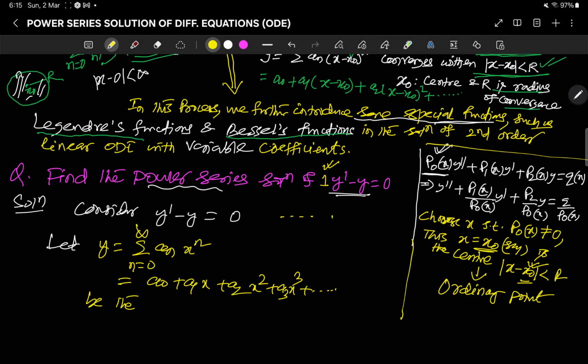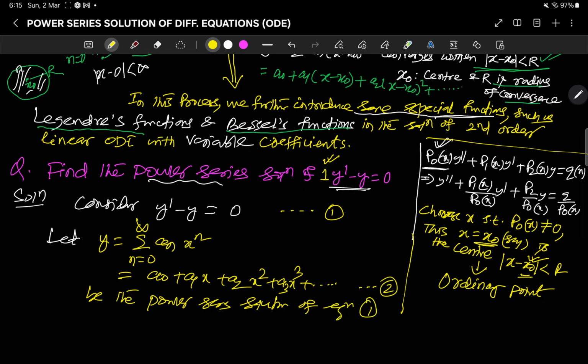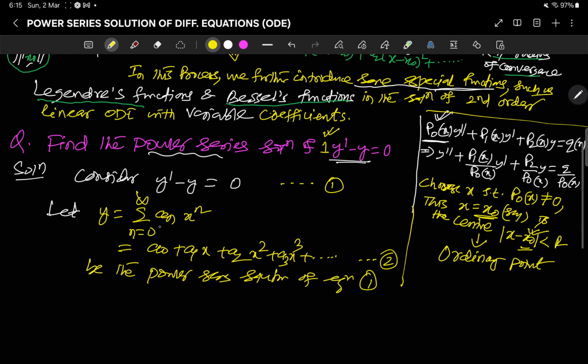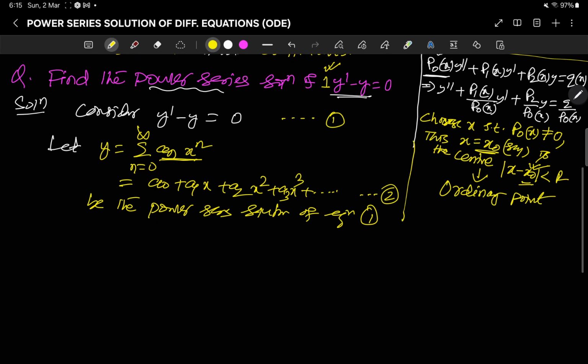Let it be my equation 1, and this be my equation 2, the power series solution of equation 1. I take x to the power n instead of x minus x0 to the power n, because at x equal to 0, p0 is not equal to 0. So x equal to 0 is an ordinary point here.